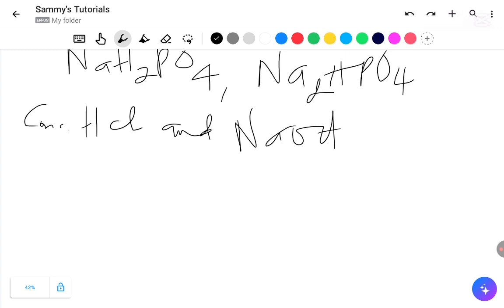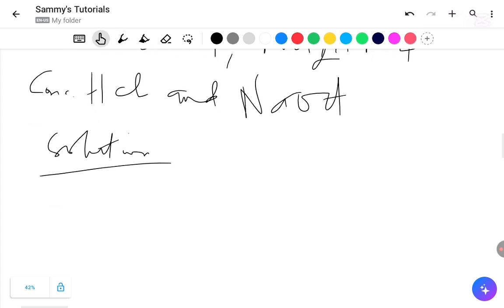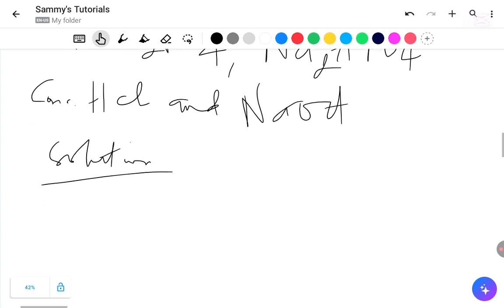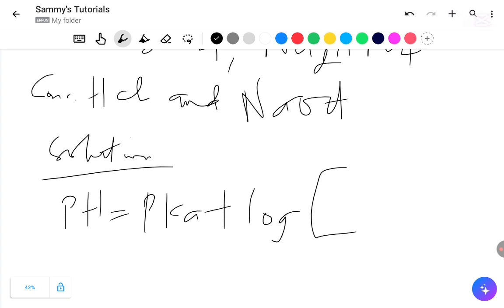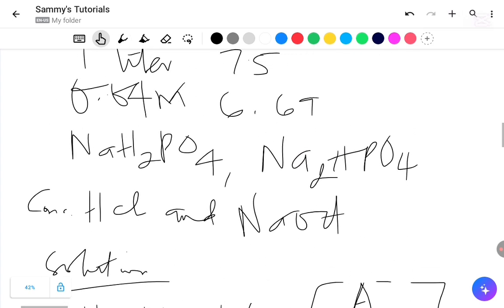Solution: first you write down the equation, which is written as pH equals pKa plus log of A minus over HA, where A minus is the conjugate base and HA is the weak acid. It's a representation. Now if you look at this question, which one is the weak acid and which one is the conjugate base?